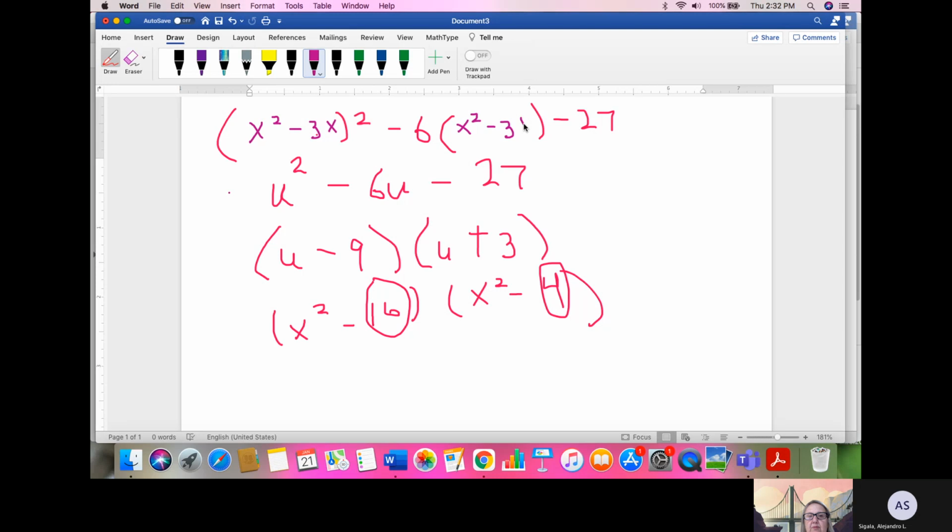Do you want me to do this problem, or do you want to change the coefficients in front in any way? If you want, yeah, we can change the 6 to a 2 and the 27 to an 8. Okay, so let me do that.